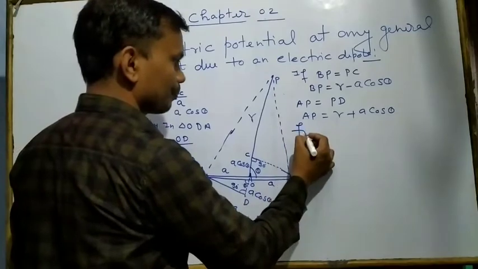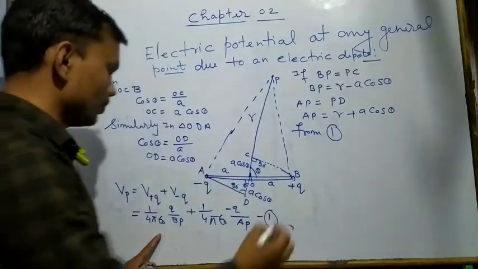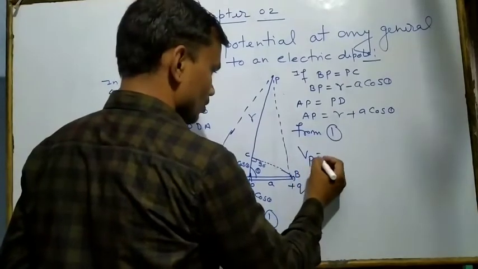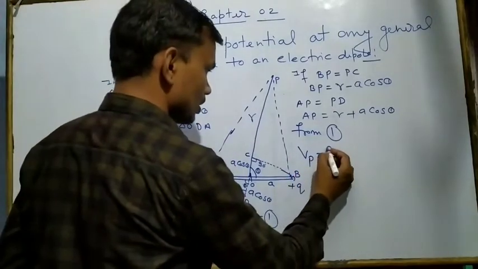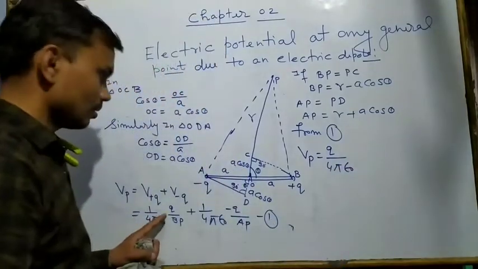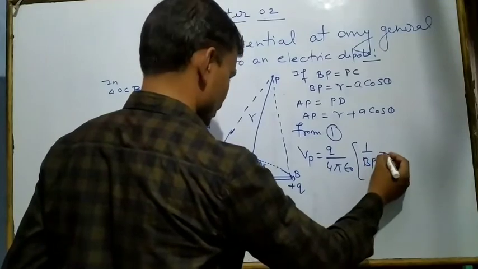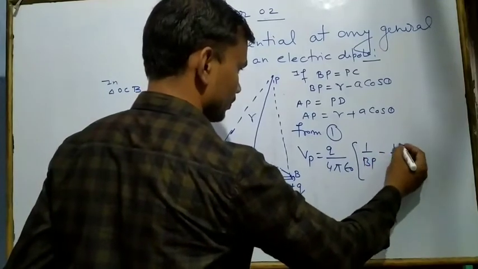So from equation 1, what will we get? For VP, you have to take out the common factor Q upon 4 pi epsilon naught, and then 1 upon BP minus 1 upon AP.